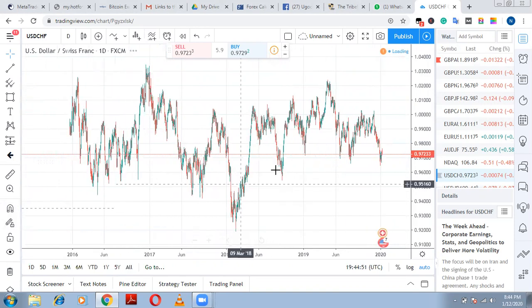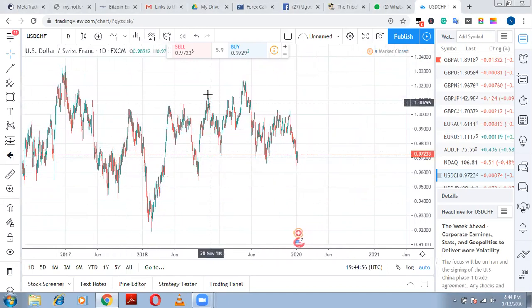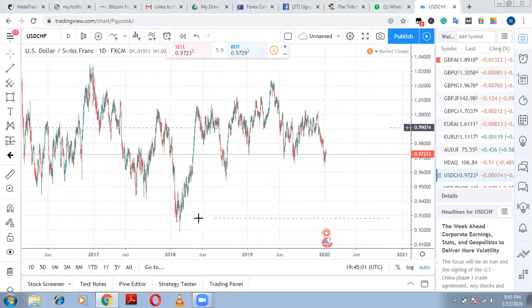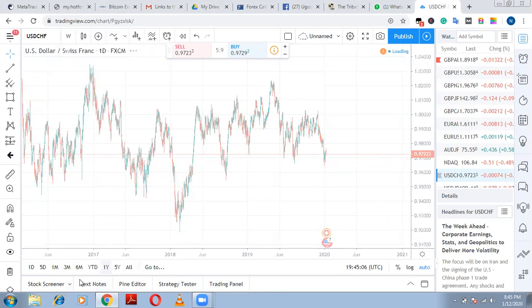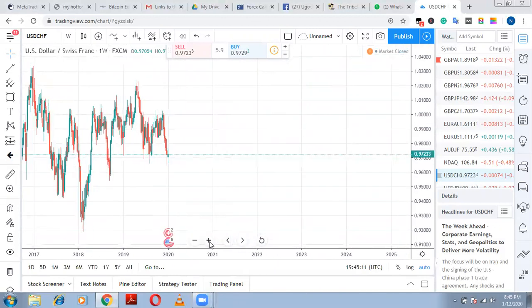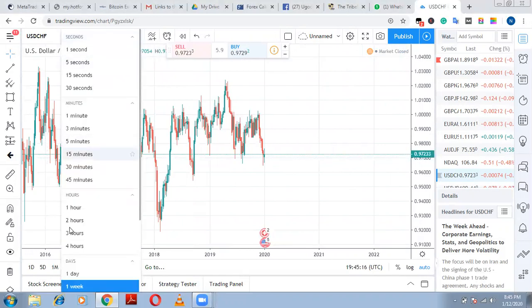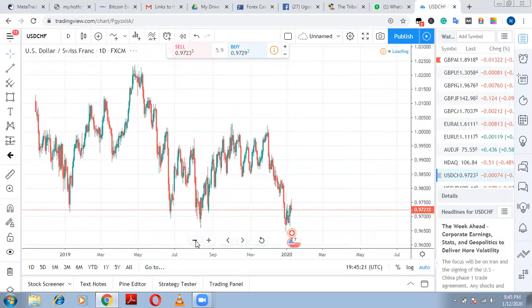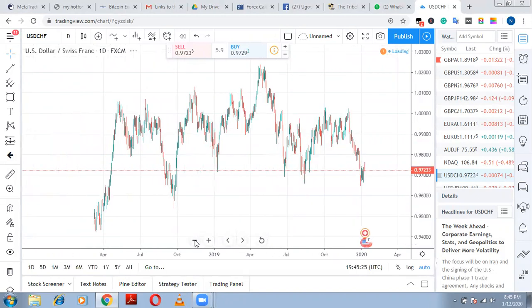Let's draw the daily trend line and see how it's playing out. Now this is the daily time frame. What's happening here? We need to understand.